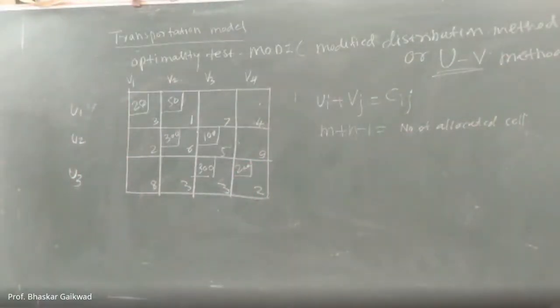Okay, these allocated cell values we have already calculated in the first problem. Same problem we have taken. I have just rewritten those values in these brackets.